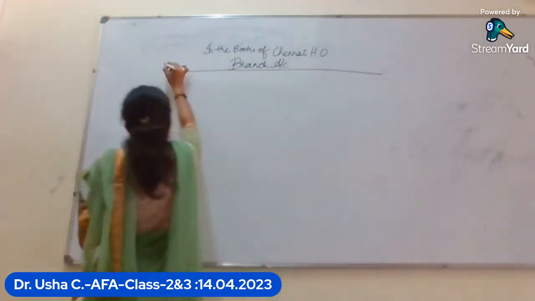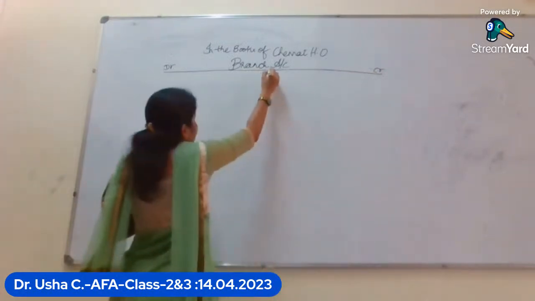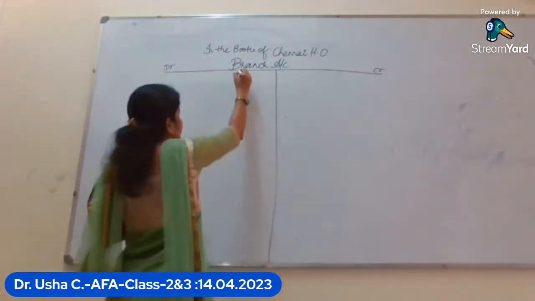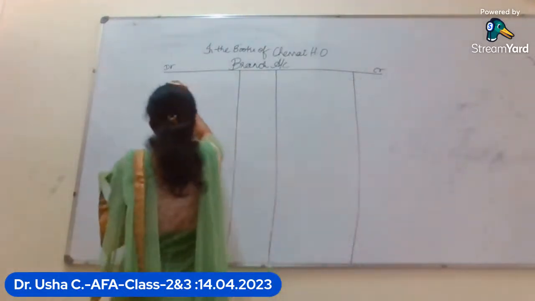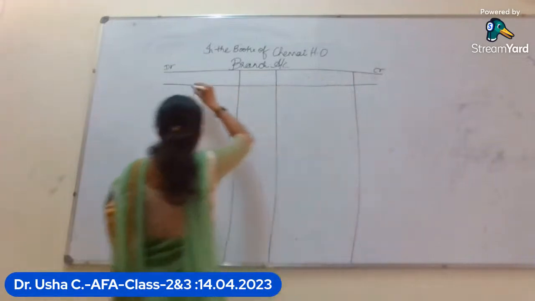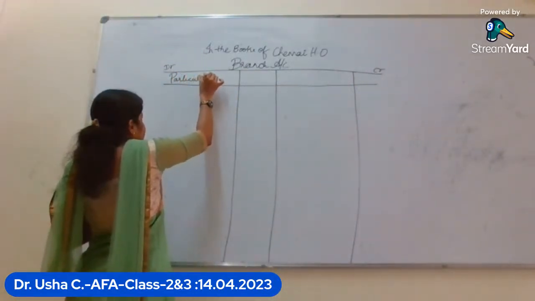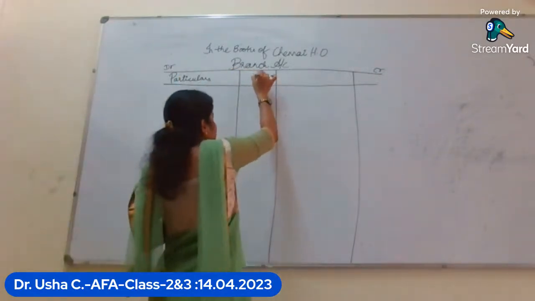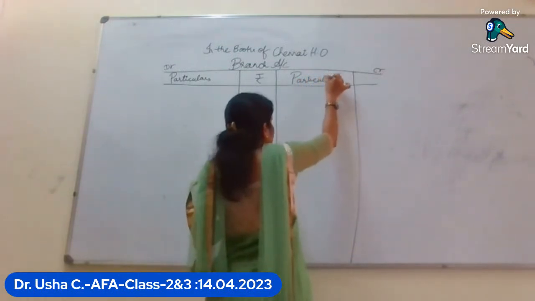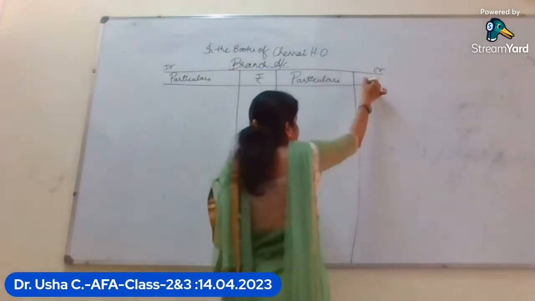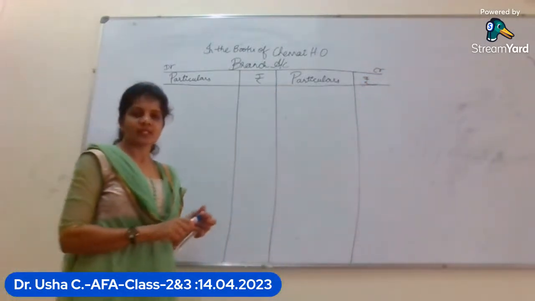You know the format of the branch account: particulars, amount in rupees, particulars, amount in rupees. We'll pass the entries one by one.